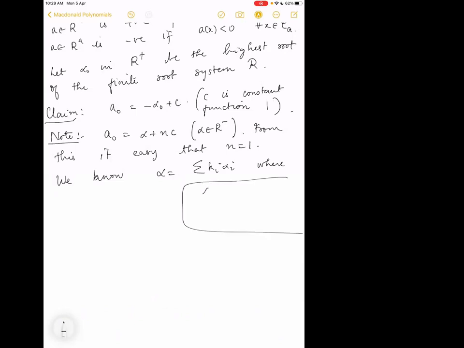You can always write your alpha naught as some sum of mi alpha i, where these are uniquely determined integers. In fact, if you look at the pictures in Macdonald's book on affine root systems, these mi are listed on top of the finite simple roots. And ki is greater than or equal to minus mi for all i. This is one of the properties of the highest root.